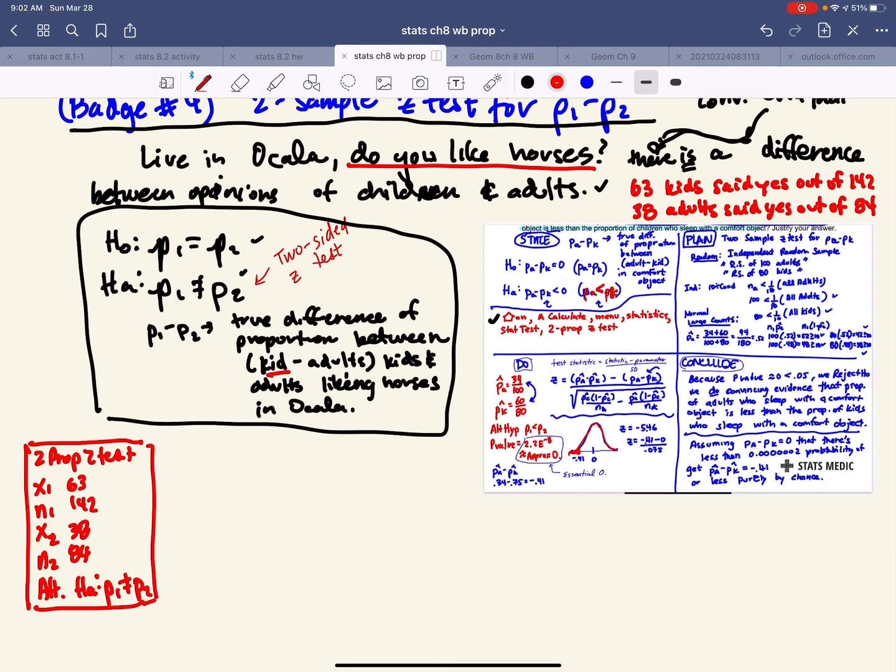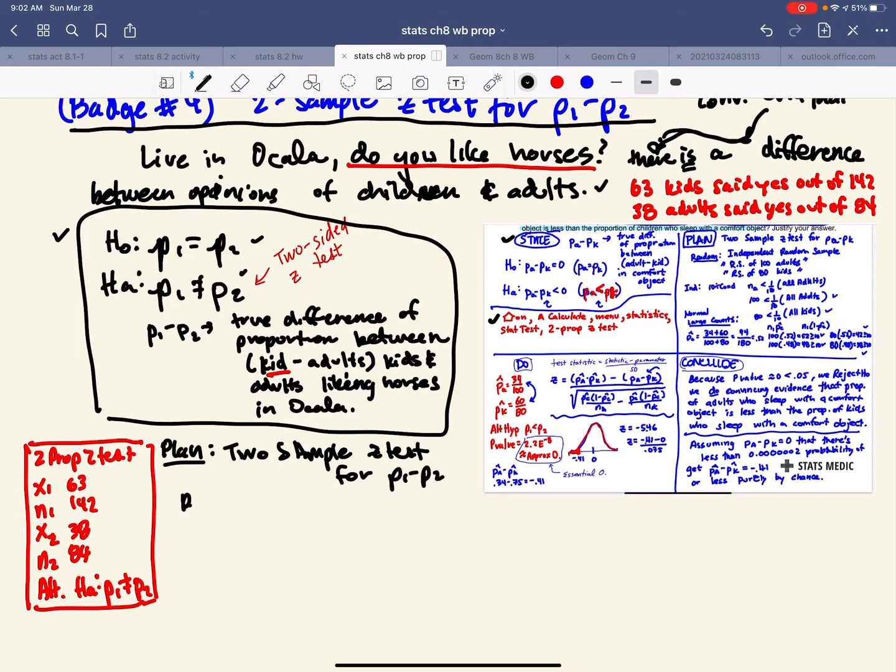Looking back, it says I need to state. I stated. I need to plan. So let's go ahead and plan. In order for this data and this p-value to mean anything, we have to make sure the conditions are met. So we want to tell the grader what test we think we're doing. We are definitely doing a 2 sample or 2 proportion z-test in order to find p1 minus p2.